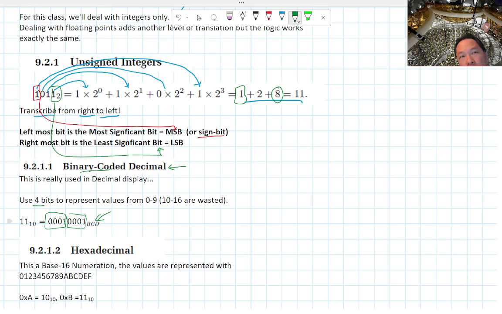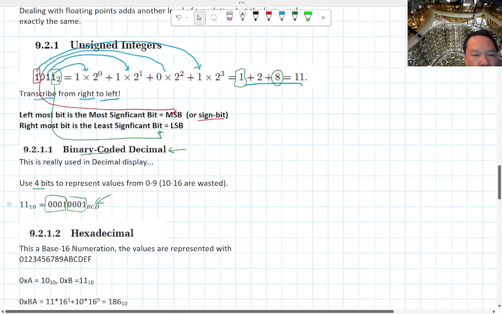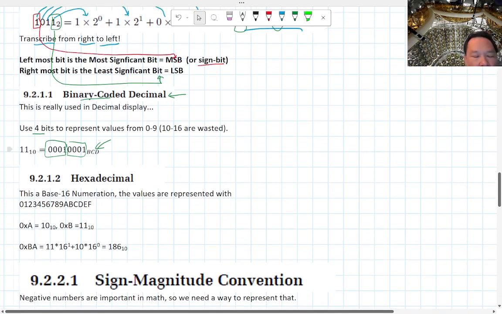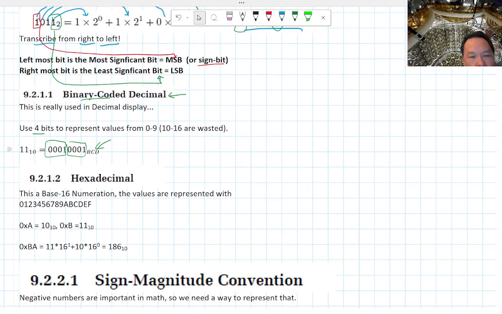It's useful when you have to display these numbers in decimal, but that's really the only use of it, because you're wasting like 60% of the storage capacity in your gates. Okay. There's also hexadecimal, which is very similar to binary coded decimal, but then you don't waste that 6.